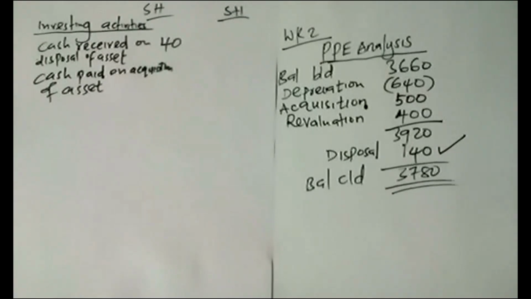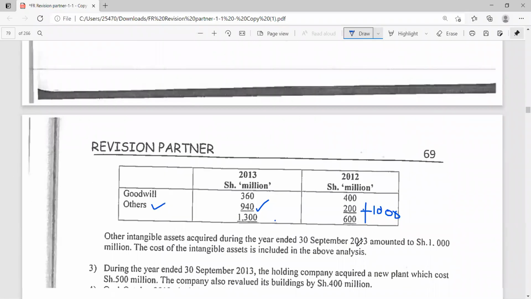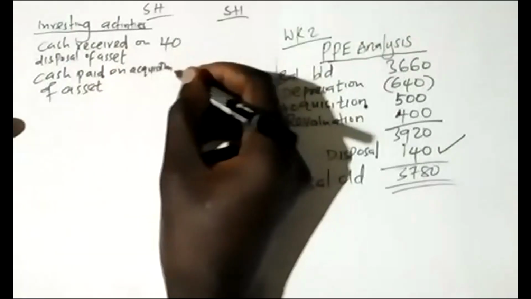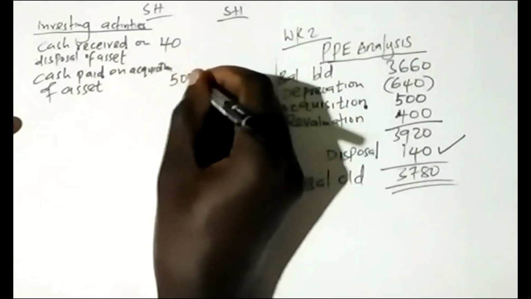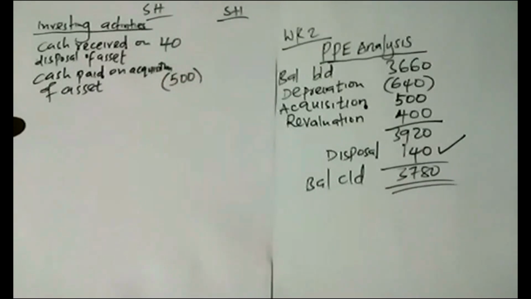There's an asset we acquired at what value? 500. That is under note 3. Note 3 says during the year ended 30 September 2013, the holding company acquired a new plant which cost 500. So that is what we need to record there. So cash paid, remember that is a cash outflow. We subtract.